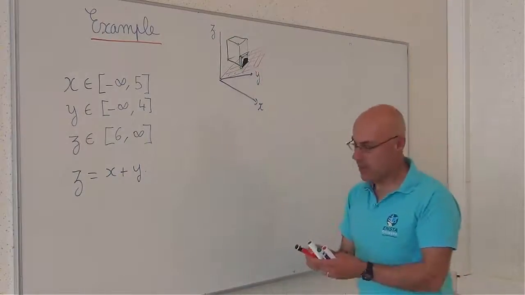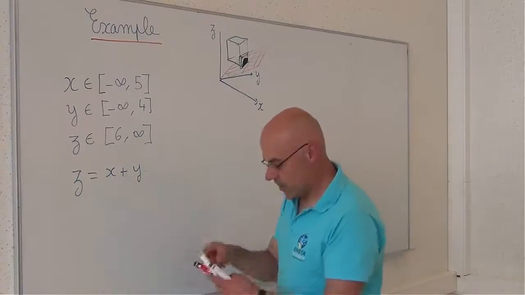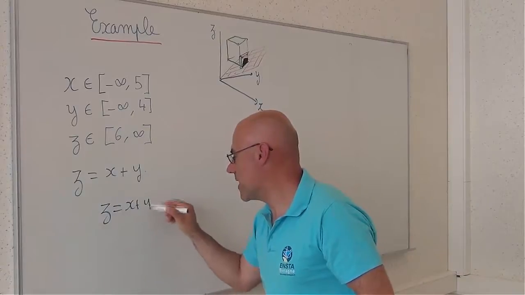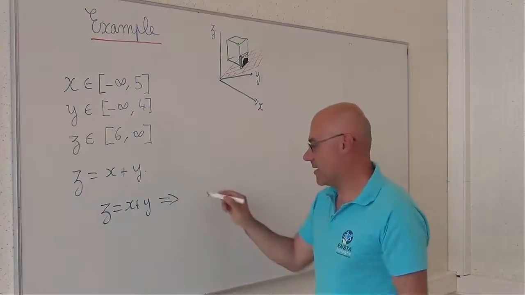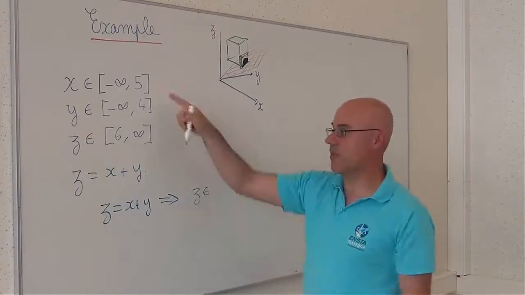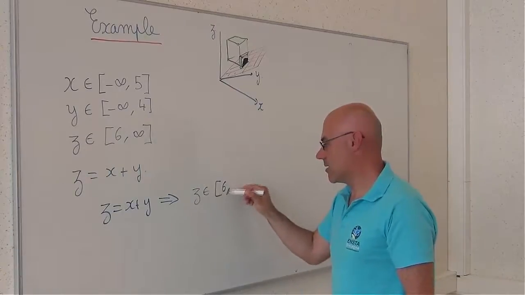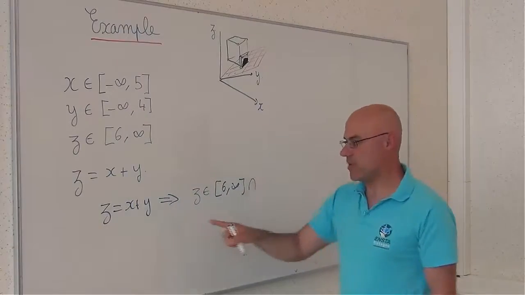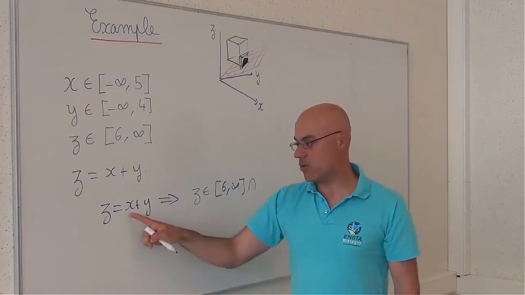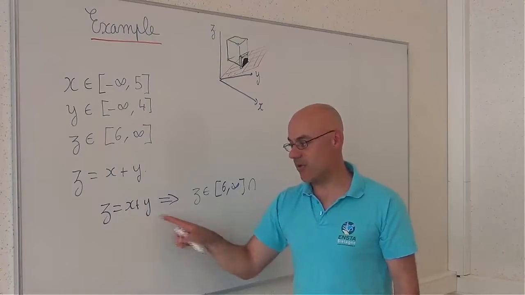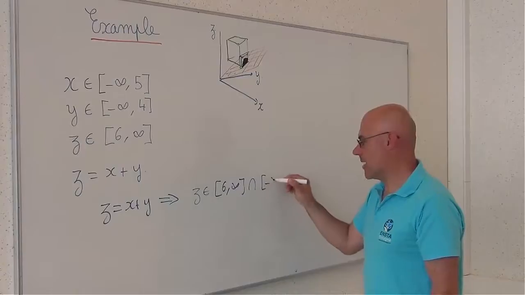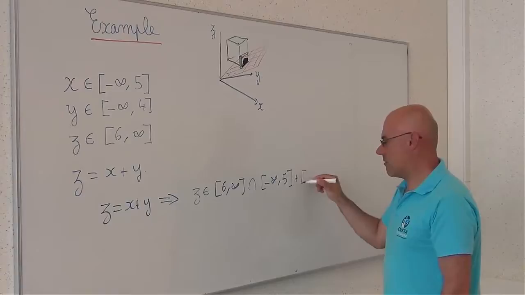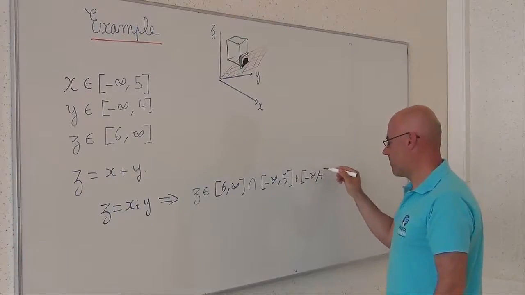The smallest box. I will use this equation, so z equal to x plus y implies, for instance, that z belongs to the previous domain, meaning minus infinity plus infinity. I know this. But I also know that it should belong to the interval for x plus the interval for y. So minus infinity 5 plus minus infinity 4.